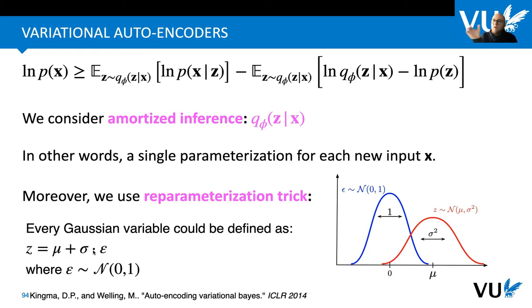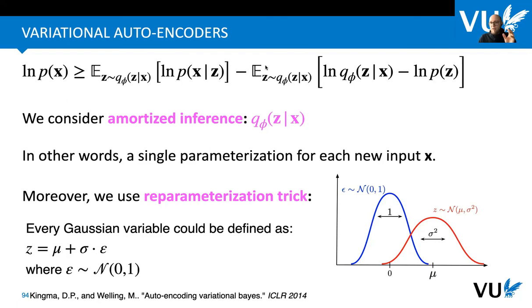So we can always move it and we can scale it. And this is very important because using the reparameterization trick allows us to quite efficiently calculate gradients with respect to parameters for these expected values.